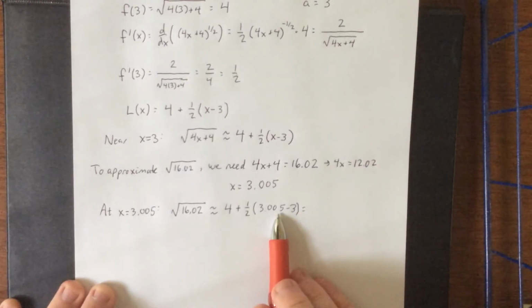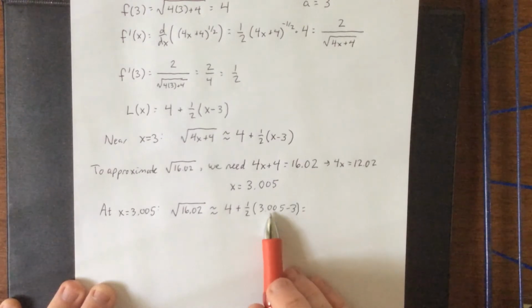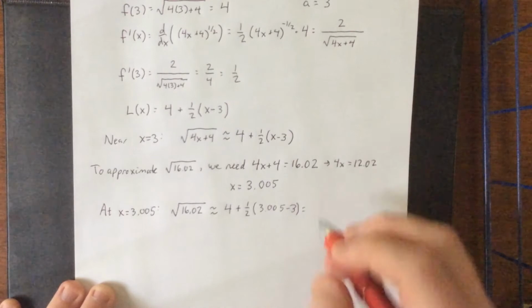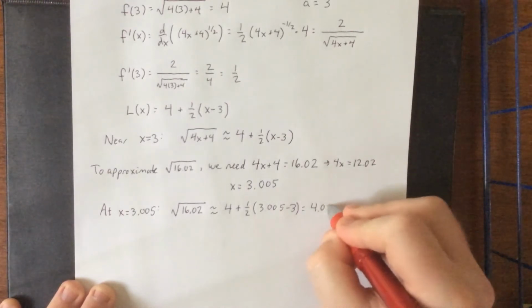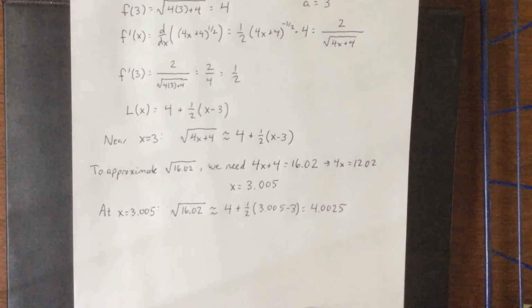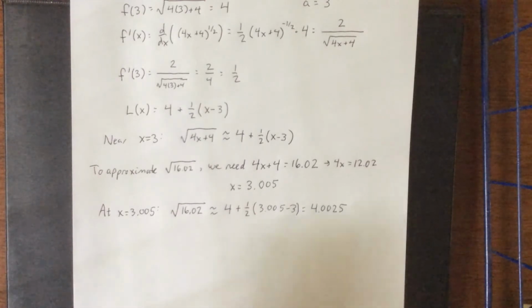Half of 5 will be 2.5, so half of 0.005 is going to be 0.0025. So I'm getting 4.0025 for our approximation.